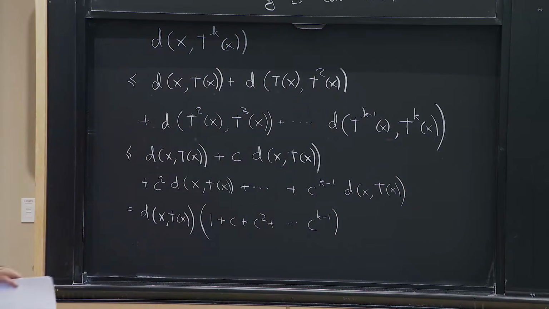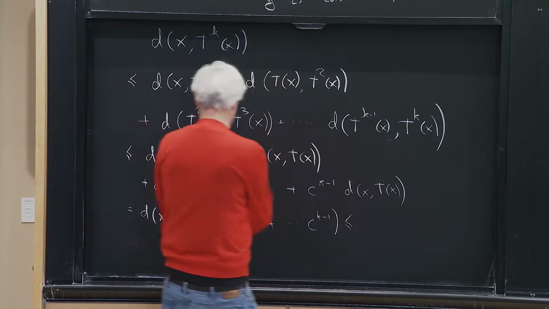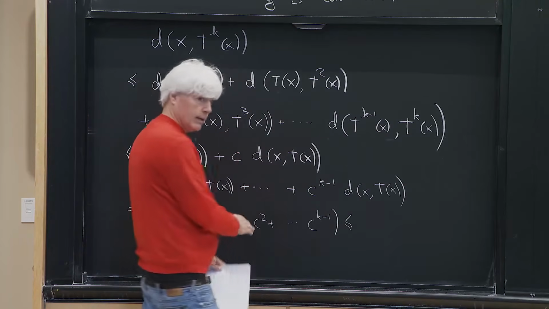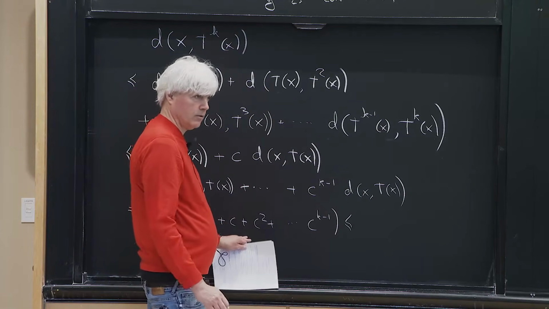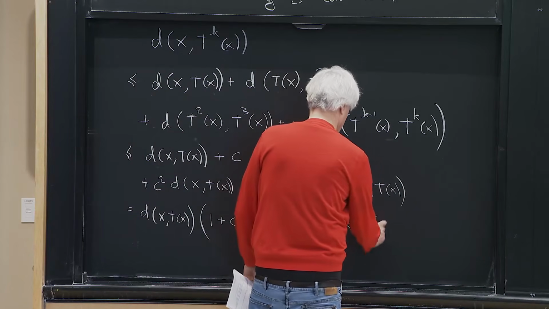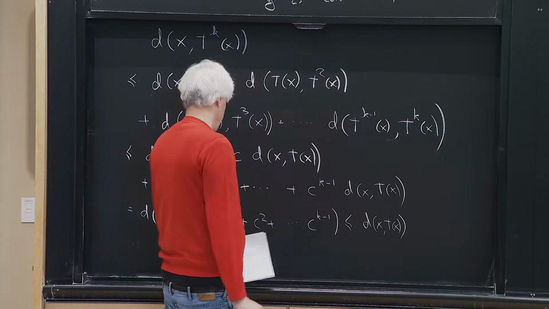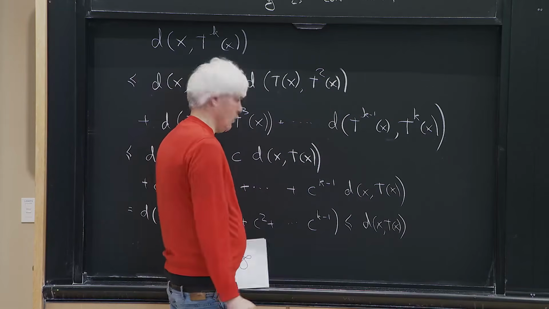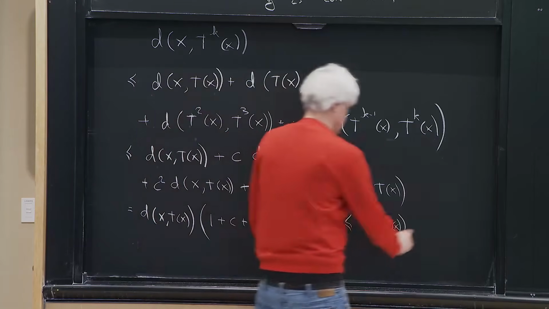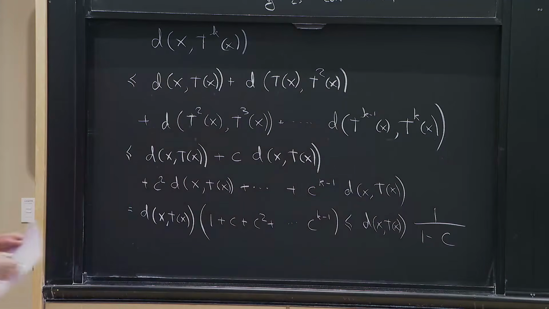Remember, c is strictly less than 1, so it's a convergent geometric series. So this is less than d(x, T(x)) times the sum all the way to infinity, which is 1 over 1 minus c. c is positive and strictly less than 1.